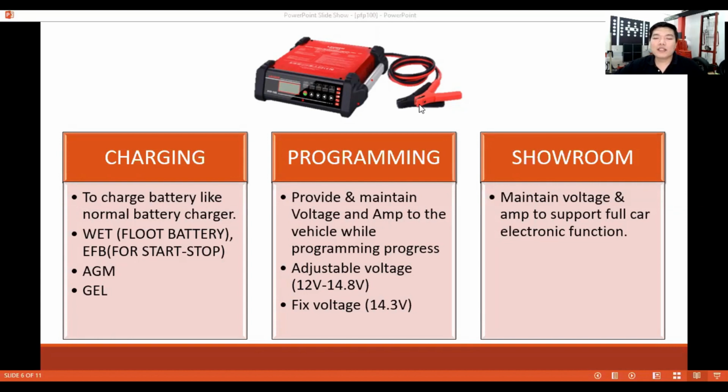Because they cannot only supply with a battery charger. Even a normal car has 20 to 30 systems inside running on the battery supply. If the battery cannot last, it will damage the control modules. This is why they use it in showrooms.